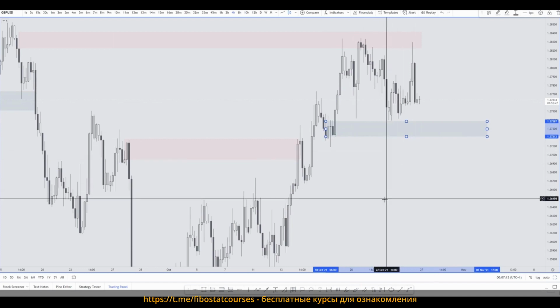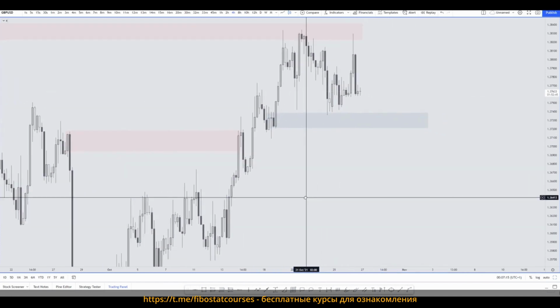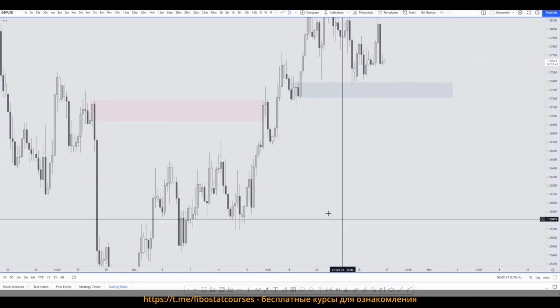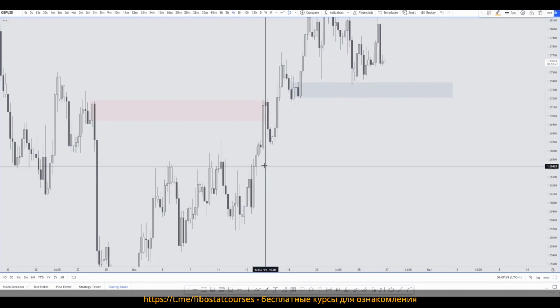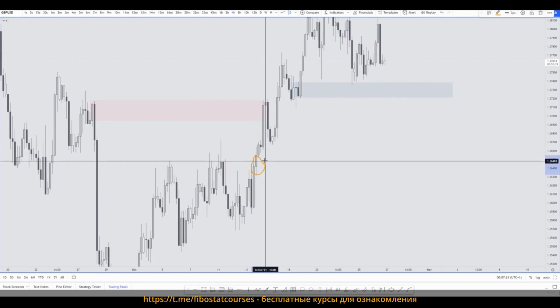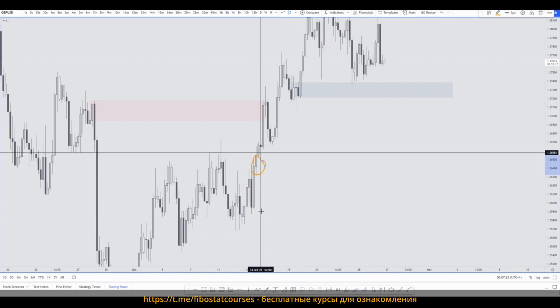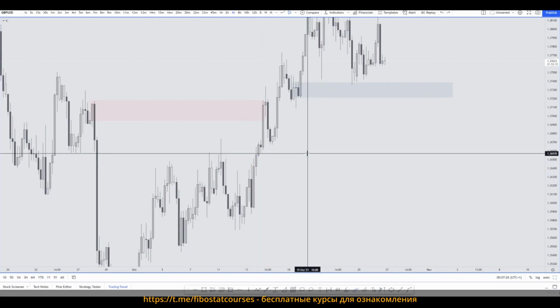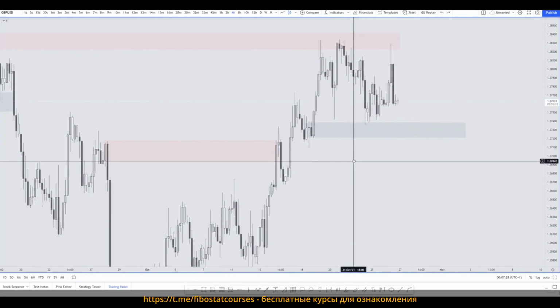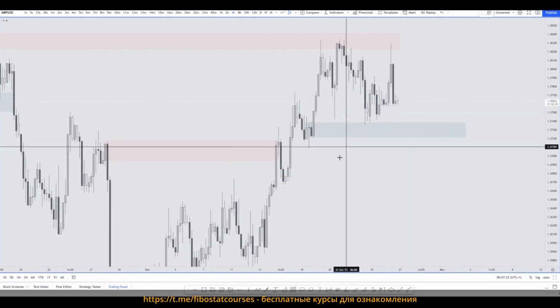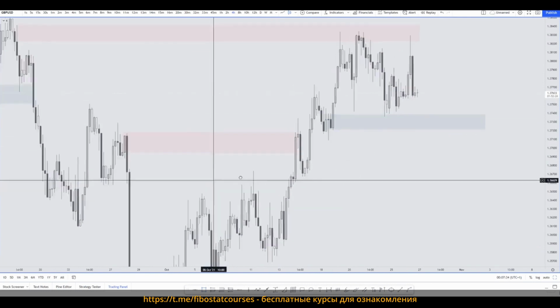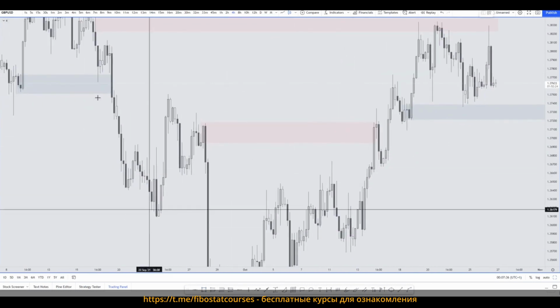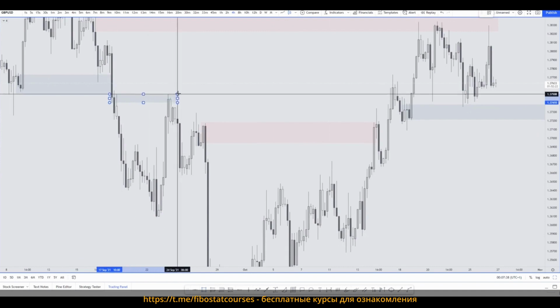Now, the other thing I want to talk about is sell to buy wicks. What sell to buy wicks are is these little areas in here, and what they actually are is a supply and demand on a smaller time frame. So let's find one here. Here's a prime example. We have sell to buy wicks here.